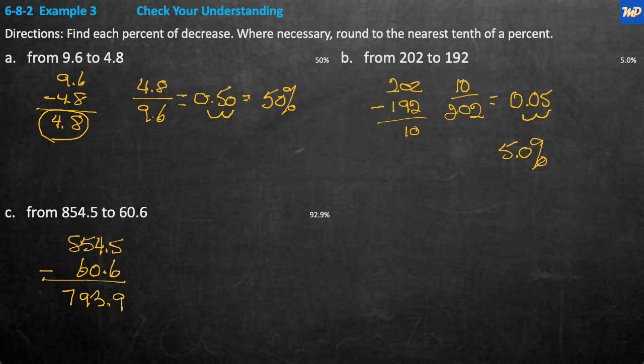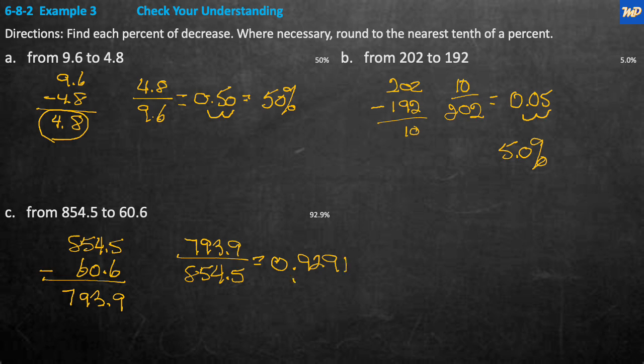So now we're going to take 793.9 and divide that by 854.5. Let's see what the calculator says. Looking at the calculator, it comes out to 0.9299, let's just say 1 rounded.